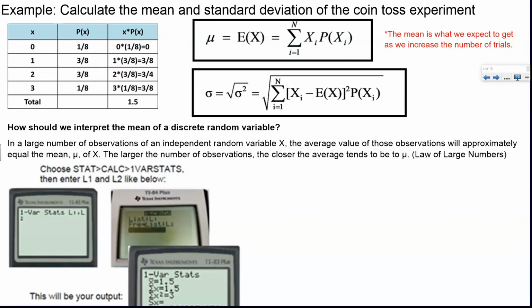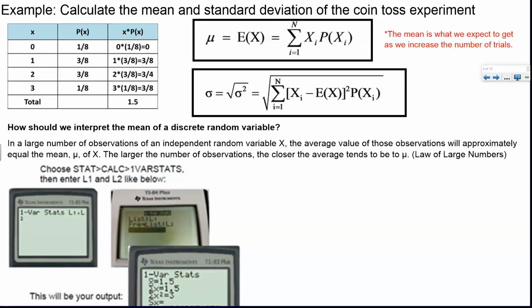You might want to calculate the mean and the standard deviation for a random variable or for the experiment. These are going to be the formulas that you would use for that. There is another way you could do it in your calculator as well, which we'll look at. But to find the mean, you multiply all of your possible x values times their probability and then add all that up.